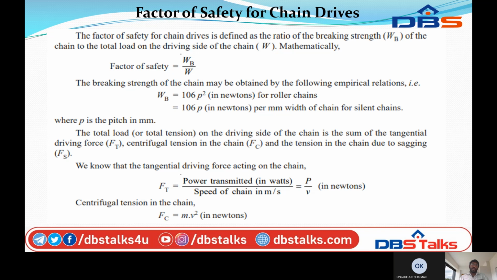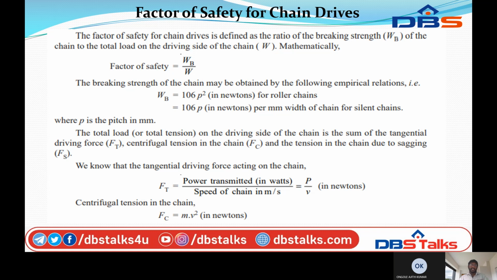The total load or total tension on the driving side of the chain is the sum of the tangential driving force Ft, the centrifugal tension in the chain Fc, and the tension in the chain due to sagging Fs.